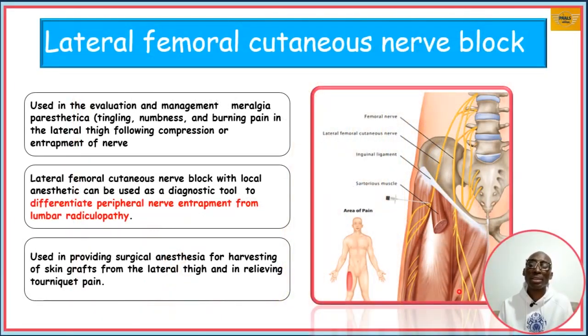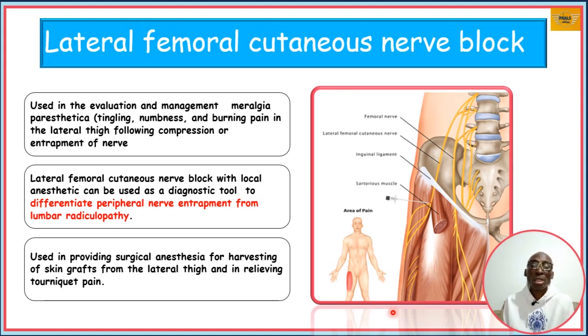Now we have a very important procedure that is done on the lateral femoral cutaneous nerve, which is the lateral femoral cutaneous nerve block, where this nerve is anesthetized. This procedure is used in evaluation and management of meralgia paresthetica, a condition where there is tingling, numbness, and burning pain in the lateral thigh, usually as a result of compression or entrapment of this nerve.